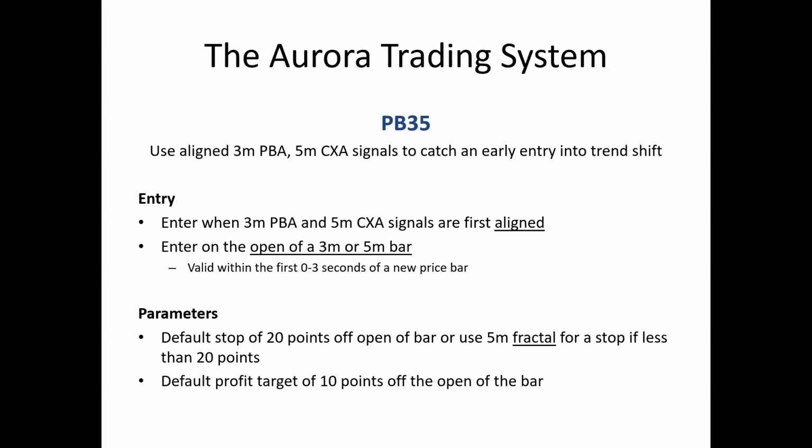When we're trading Pb35 entries, we have a default stop of 20 points off the open of the bar, and we have a default profit target of 10 points off the open of the bar. Now, this should sound familiar to you because these are the same default stops and profit targets that we presented with the Pb3 in session 1.